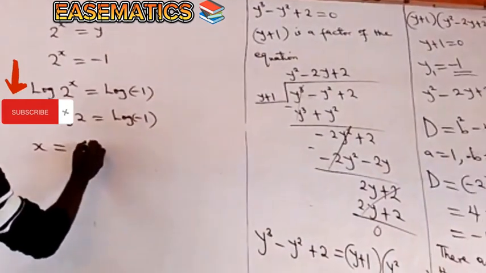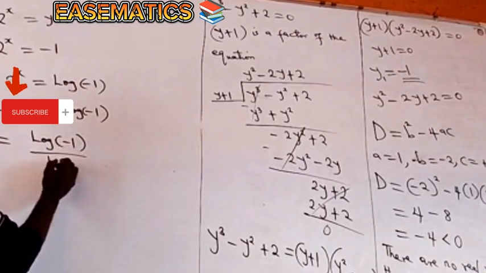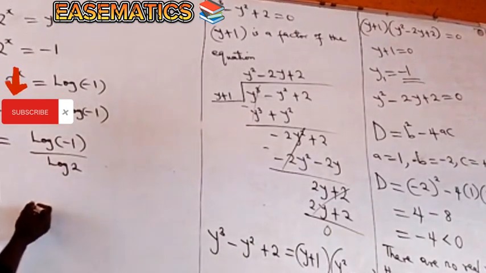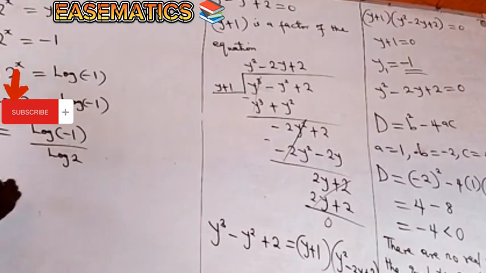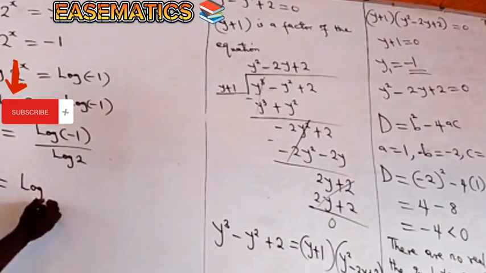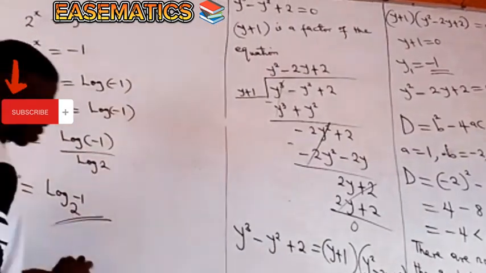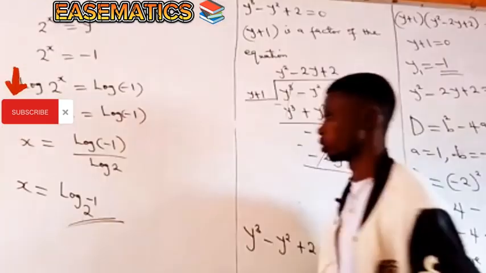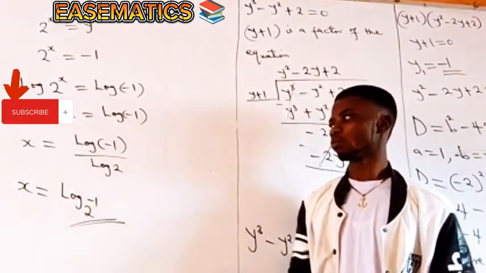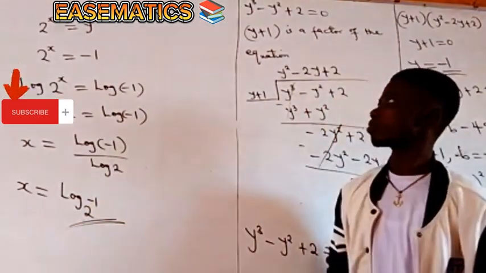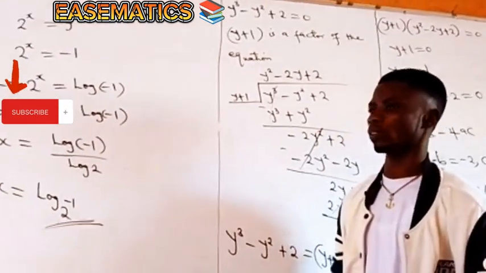And x will be equal to log minus 1 all over log 2. And in logarithm, we can write this as log minus 1 base 2. This becomes the value of x, log minus 1 base 2. Alright, this is the solution to our indicial equation.